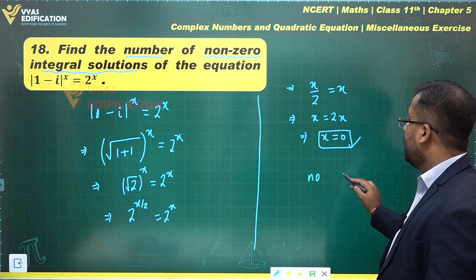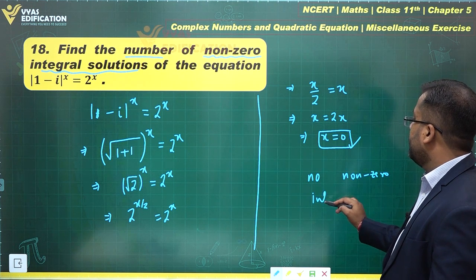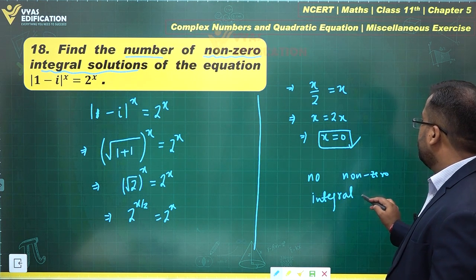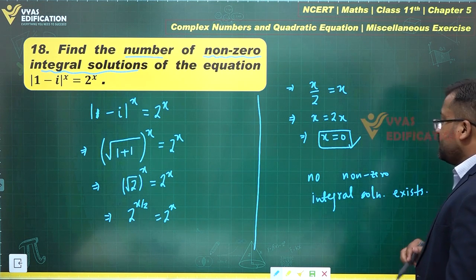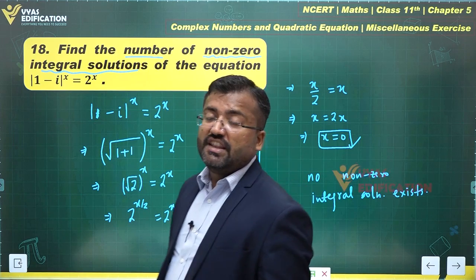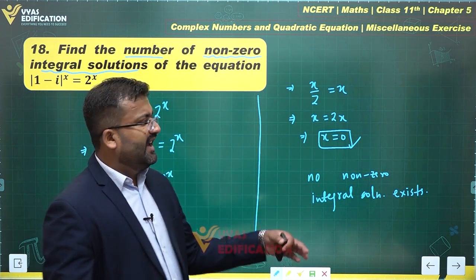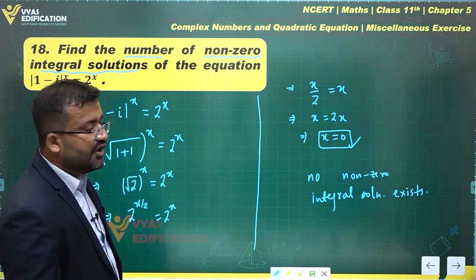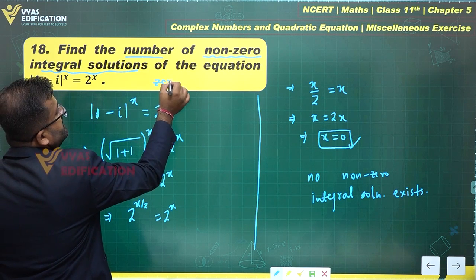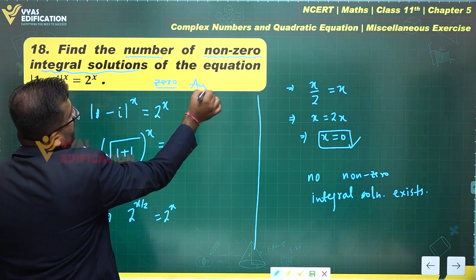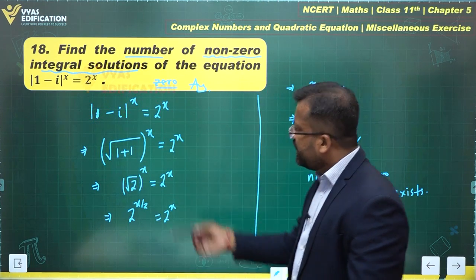No. There is no such non-zero integral solution. Therefore, the number of non-zero integral solutions would be 0. That is my final answer for this equation.